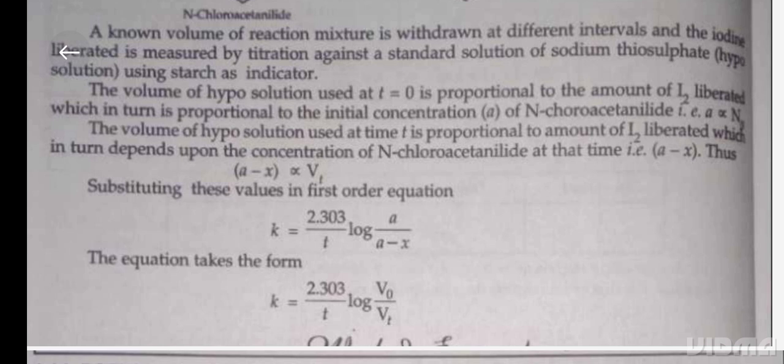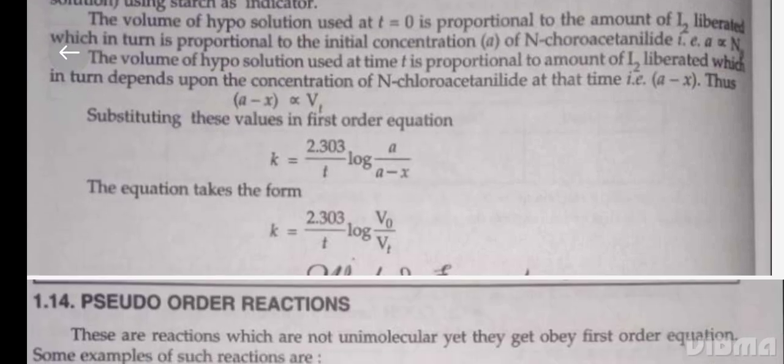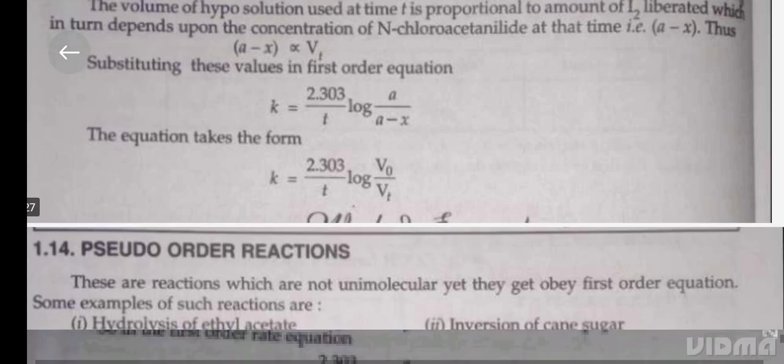The volume of hypo solution used at time t is proportional to the amount of I2 liberated, which in turn depends upon the concentration of N-chloroacetanilide at that time. Thus, a minus x is directly proportional to Vt. Substituting these values in the first order equation 2.303 upon t log of a upon a minus x, the equation takes the form k is equal to 2.303 upon t log of V naught upon Vt.